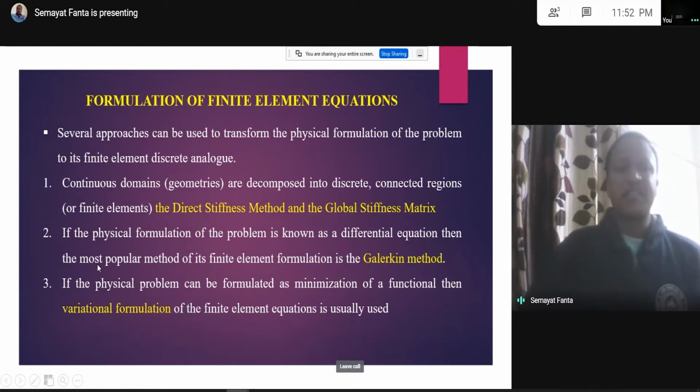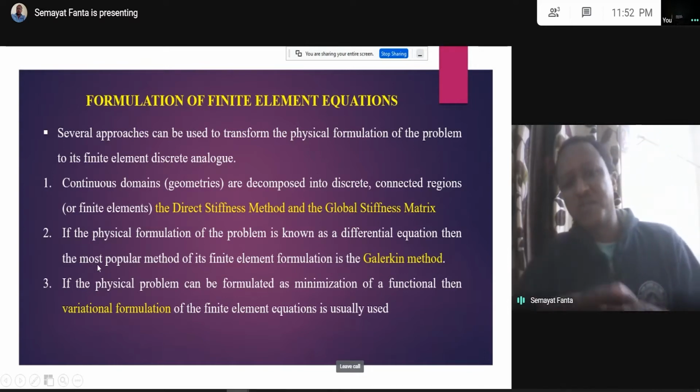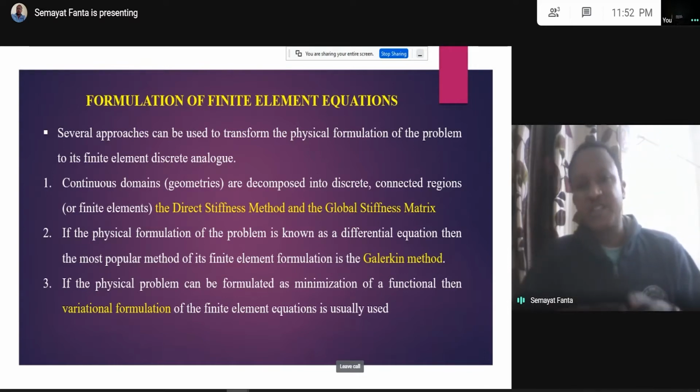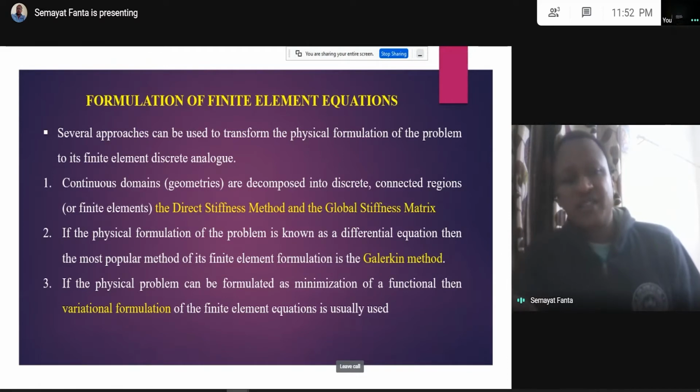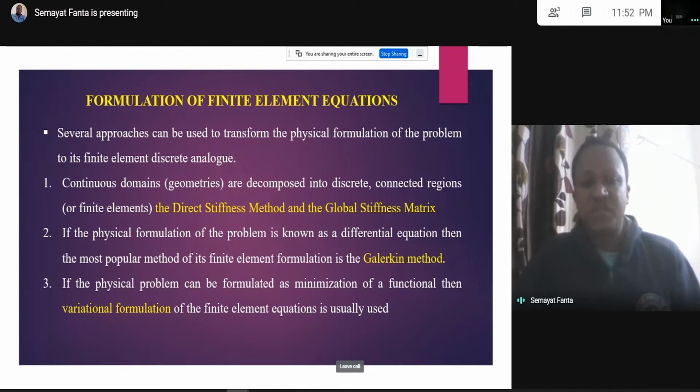The second one is, if the physical formulation of the problem is known as differential equations, then the most popular method which we use in finite element formulation is the Galerkin method. And the third one is, if the physical problem can be formulated as a minimization of a functional, then the variational formulation of the finite element equations is used.